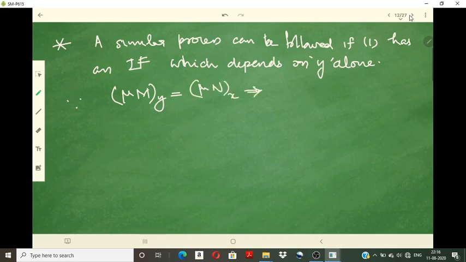So in this case μ_x is 0 since μ is a function of y alone.